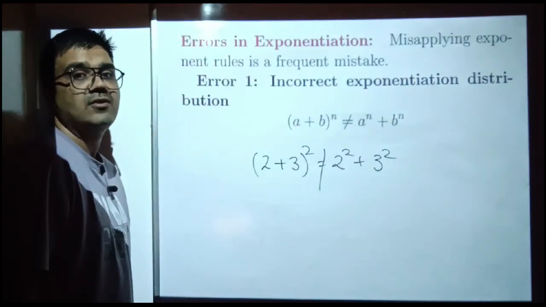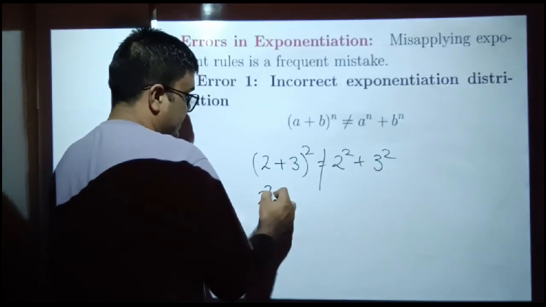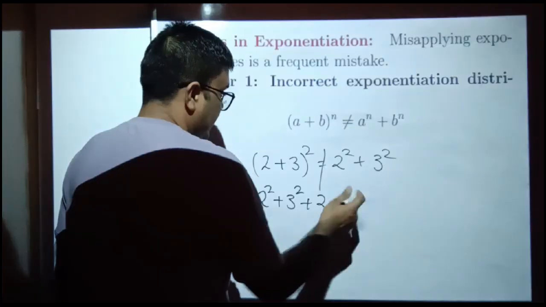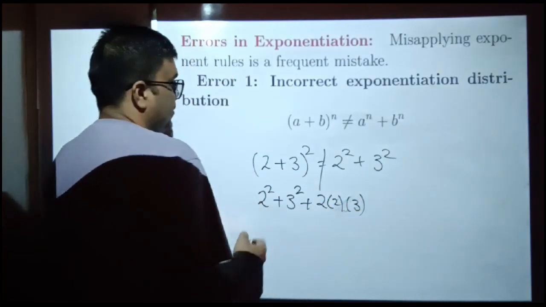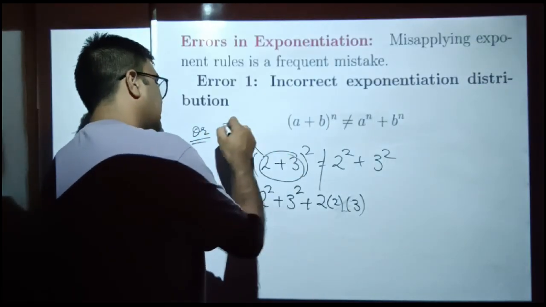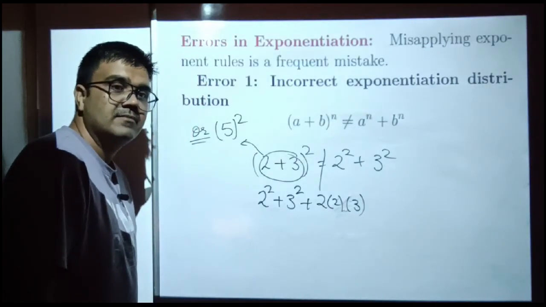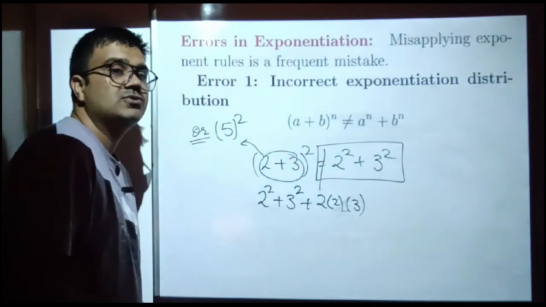But these two are not equal, because to open this we have to use the formula a square plus b square plus 2ab, where 2ab is 2 into 2 into 3. Or we can add the two terms and get 5 square.